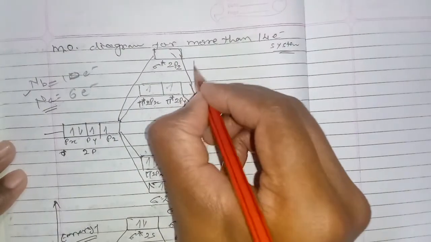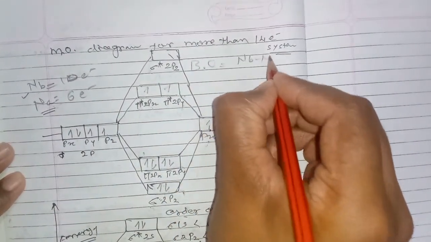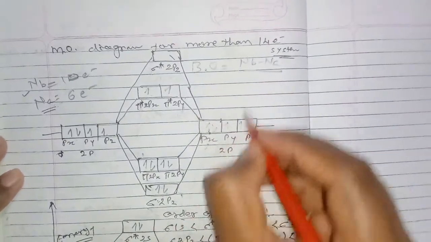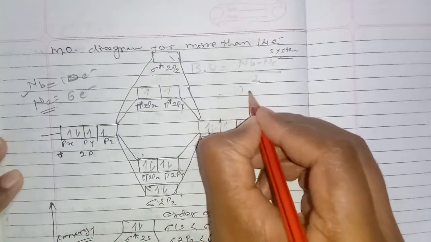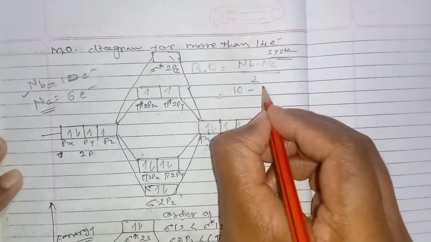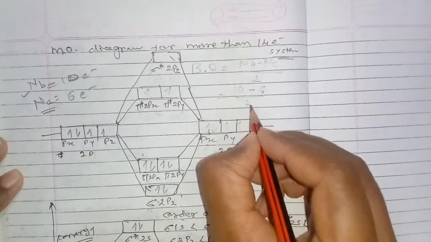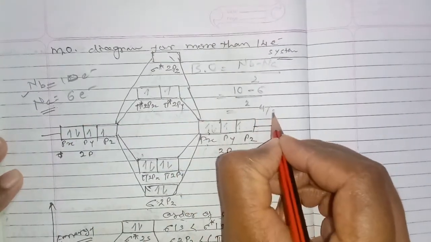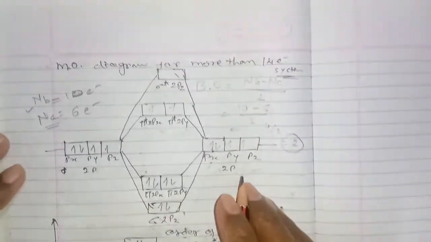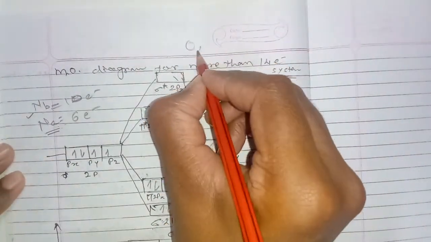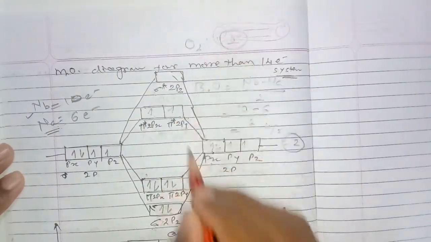Now the bond order is equal to (Nb minus Na) divided by 2. Nb is 10 electrons and Na is 6, so 4 divided by 2 is equal to 2. So for the oxygen molecule, the bond order is 2.